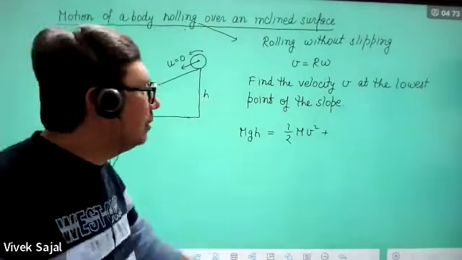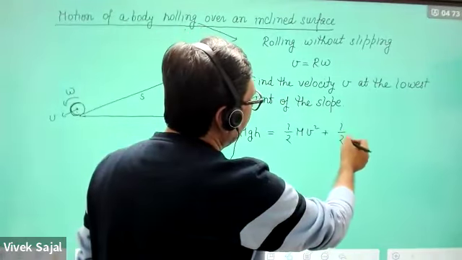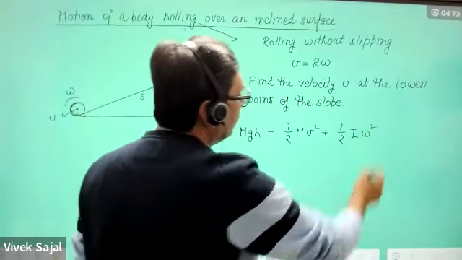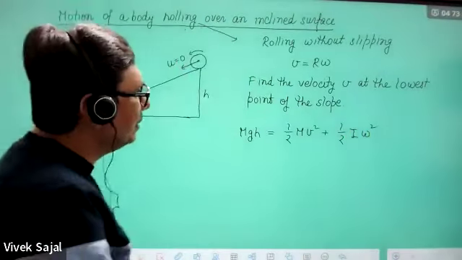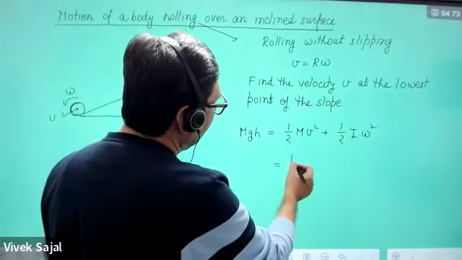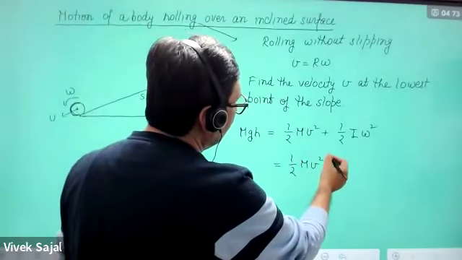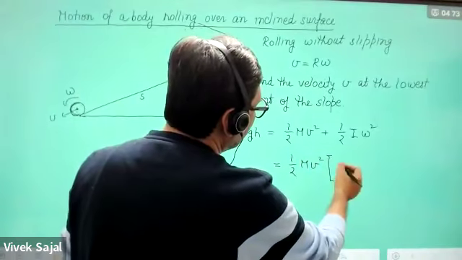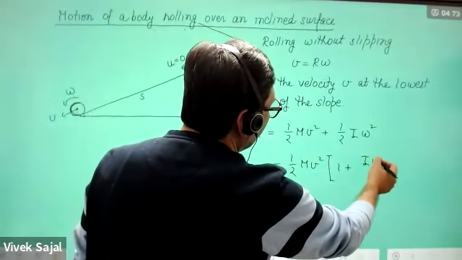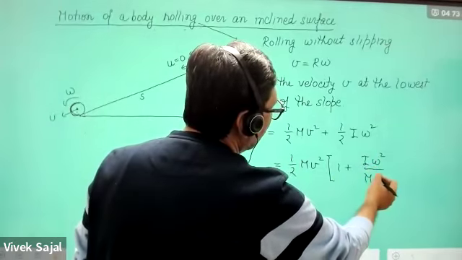Kinetic energy will be of two types: translational kinetic energy and rotational kinetic energy, 1/2 I omega square. I take 1/2 mv square common, so this will be 1 plus I omega square divided by mv square.